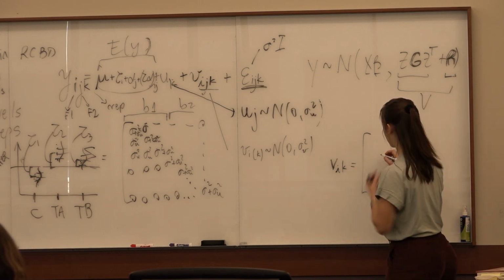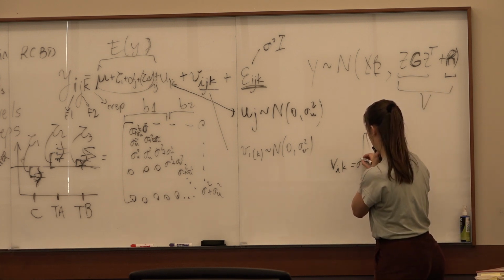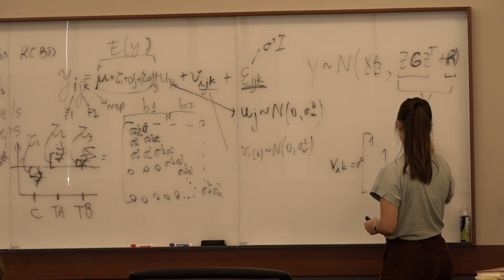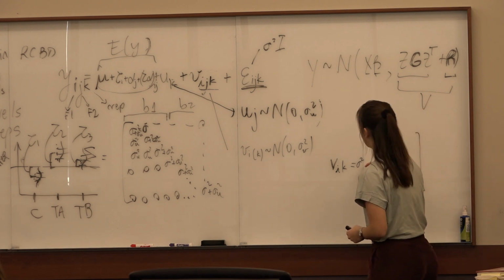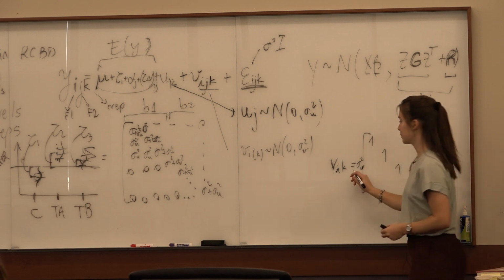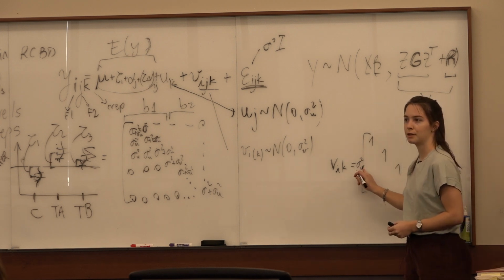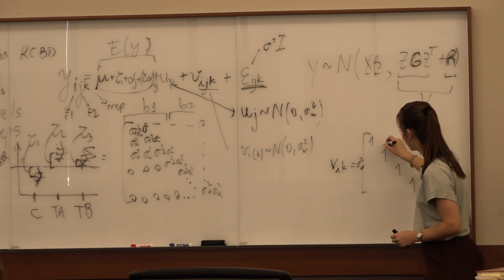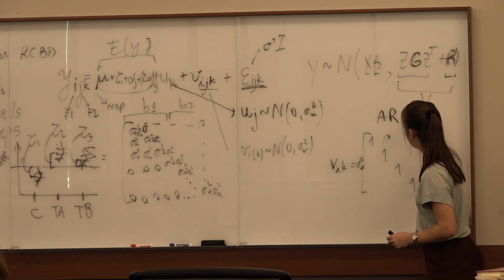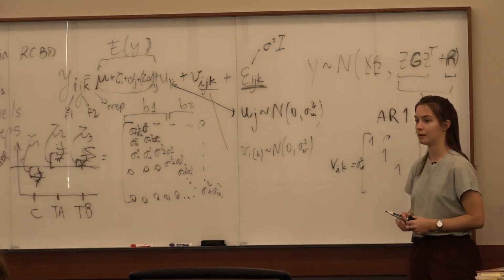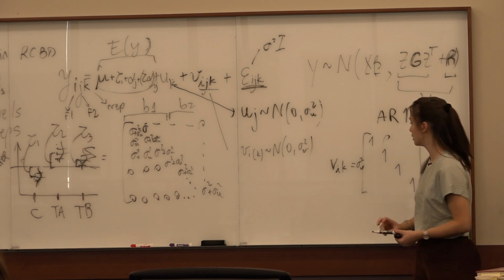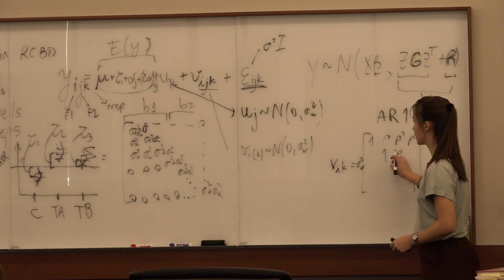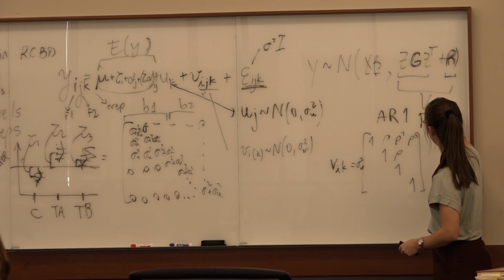So we're going to have just like before, sigma squared V, right, of the whole plot. And now in the off diagonals, this is an R1 autoregressive 1 correlation function. And that means this is the Greek letter rho, rho, like that.